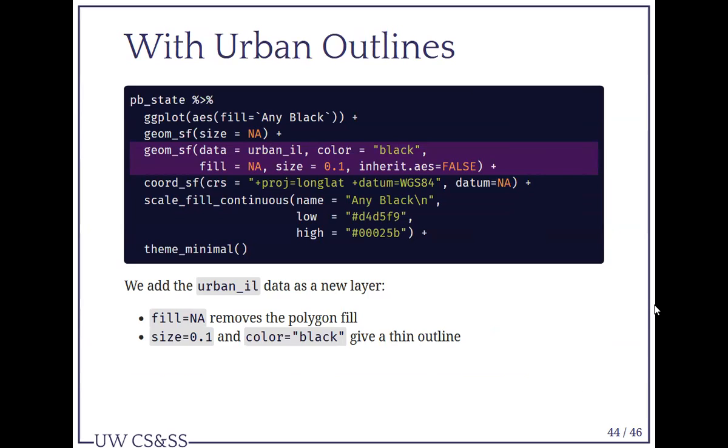So we'll have our same structure for our ggplot. We'll add a layer. Here we'll add it and include our data for urban Illinois. The color of the outline is going to be black with no fill, very thin lines, and don't take on the same aesthetics from up here.